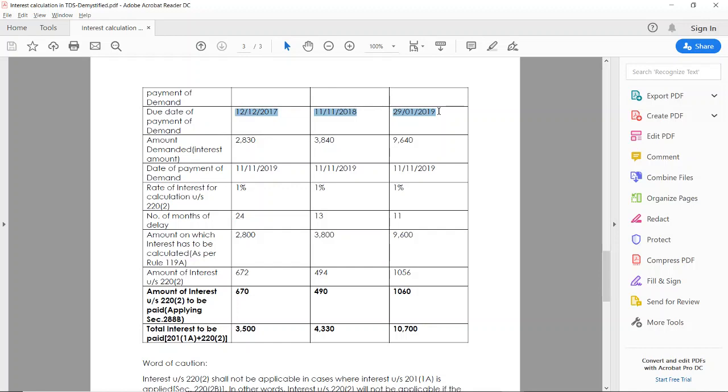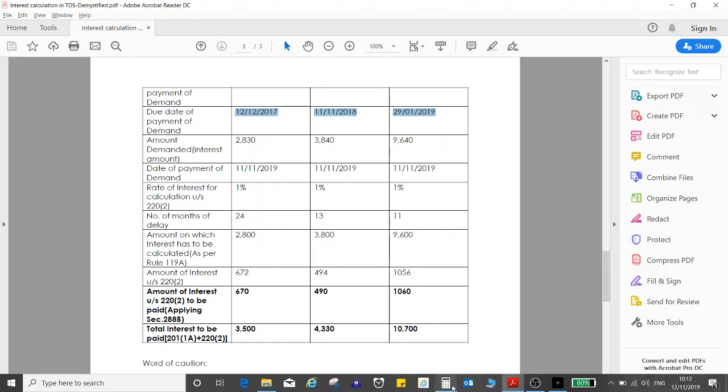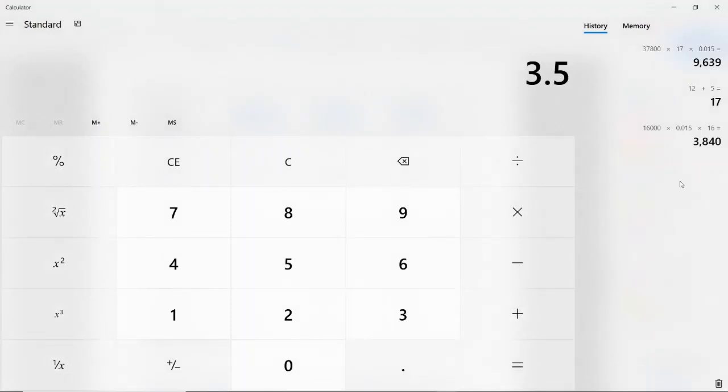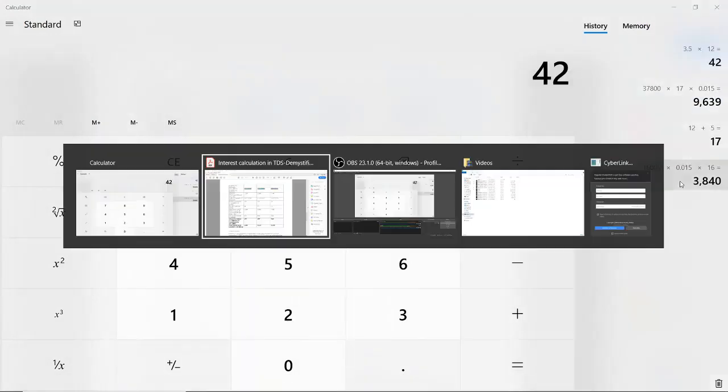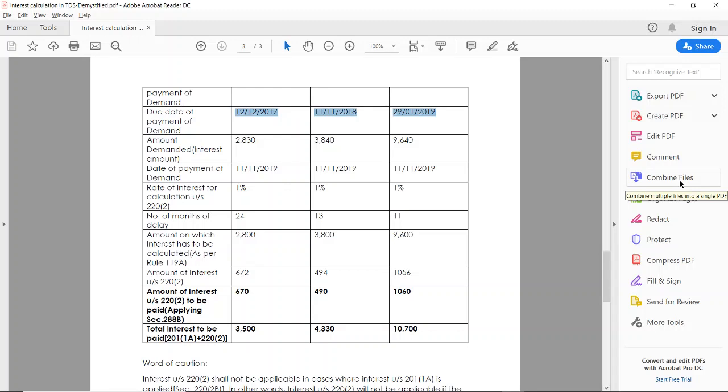Totally it will be around 3.5% interest per month, which means it would amount to 42% interest per annum. So this is how the interest provisions have been framed, very harsh on the SSE, but one has to face that. If he is not going to comply, this is the punishment for non-compliance.